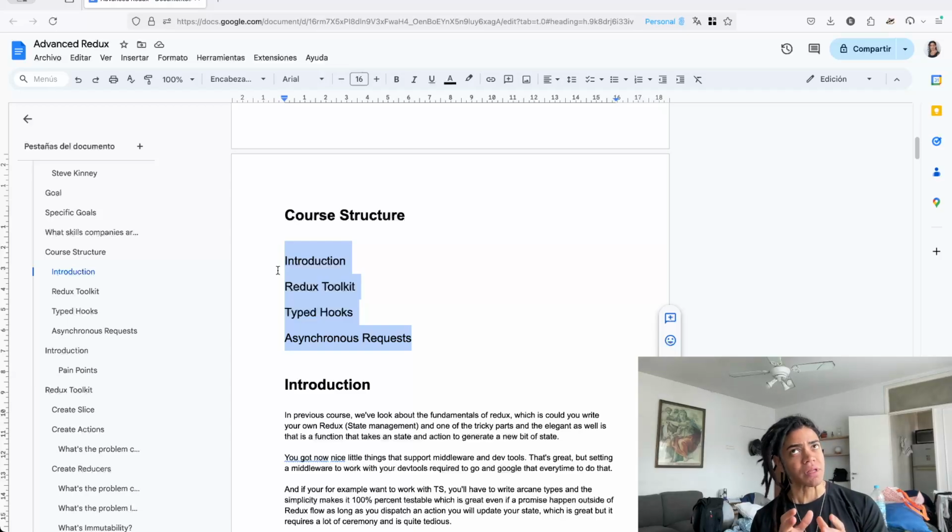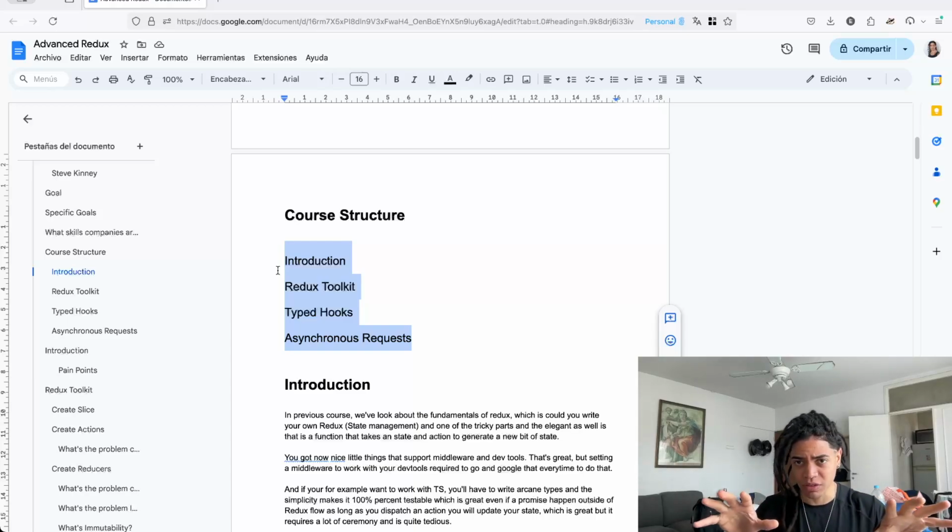So for any web applications that require you to manage the state of your application, and by state I mean the data models, for example, if you have an e-commerce: users, orders, products, categories, that kind of data. If you have a financial application, it's transaction history, current balance, and that kind of thing, right?